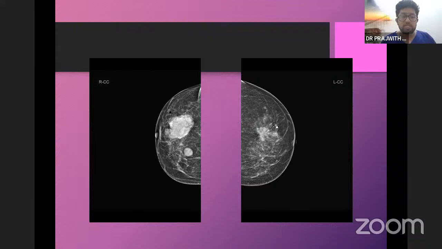So fine calcification, more towards a malignancy. Okay, you are doing really good. You're seeing a mass lesion in the right craniocaudal view on the outer aspect with an irregular surface, with nodular margin, and we are seeing fine cluster of calcification. So this is one lesion. What BIRADS can you give for this?